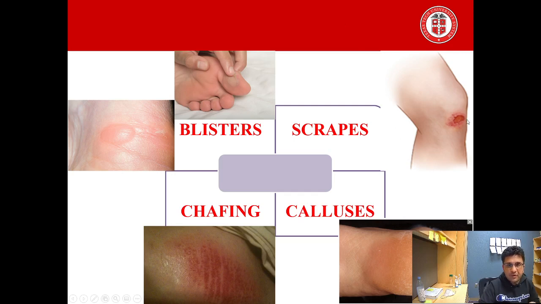Let's talk about scrapes. Scrapes are minor injuries or abrasions. Maybe if you fell somewhere or you have a minor cut, but this is mostly confined to the top layer of the skin, which is epidermis. So if you have some sort of injury like this, the first thing you want to do is similar to this one, that you wash your hands first, and then you try to apply water.